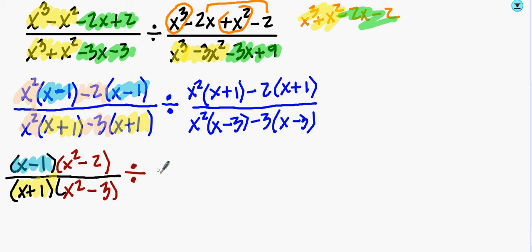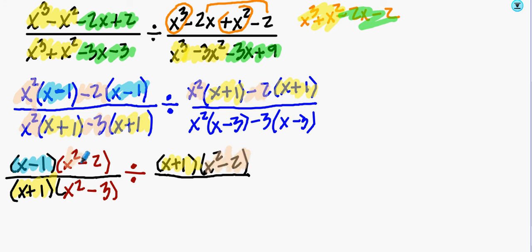Now we'll look at the second fraction. What we can factor here is x plus 1 on the top. So we got x plus 1, which leaves us with x squared minus 2. Alright, so we took the yellow out, and then left over was x squared minus 2.